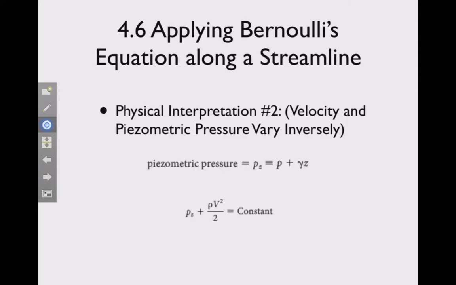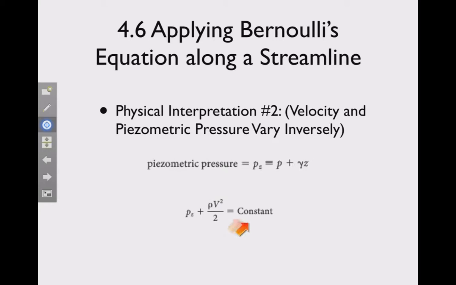The other alternative is to think of this as velocity and piezometric pressure varying inversely. So when one goes up, the other goes down. We can rewrite this equation in terms of piezometric pressure. We note that the piezometric pressure plus the kinetic pressure has got to equal a constant.